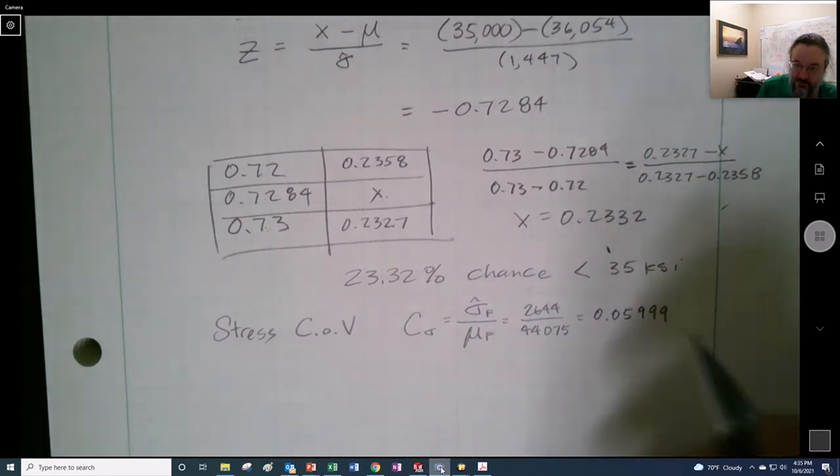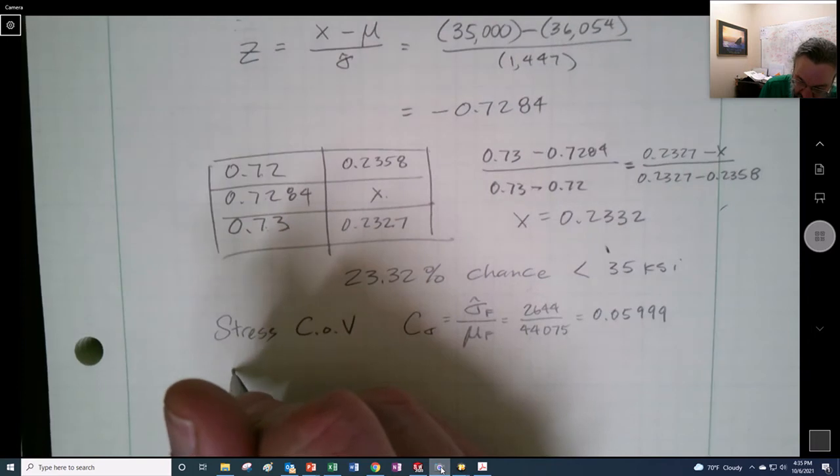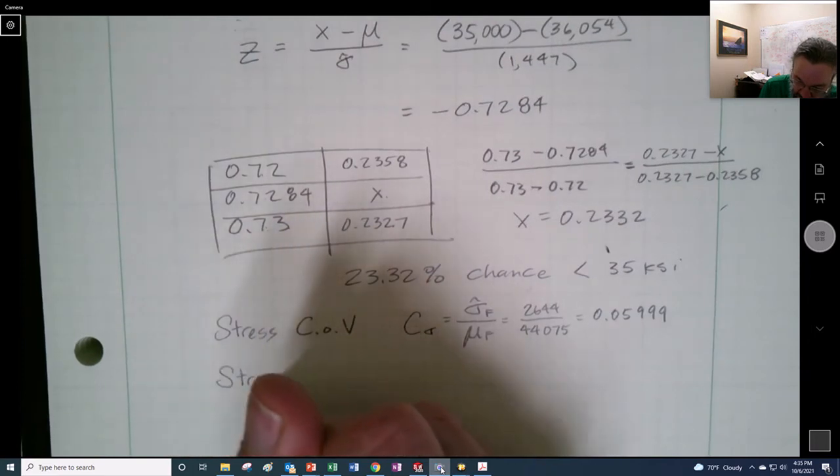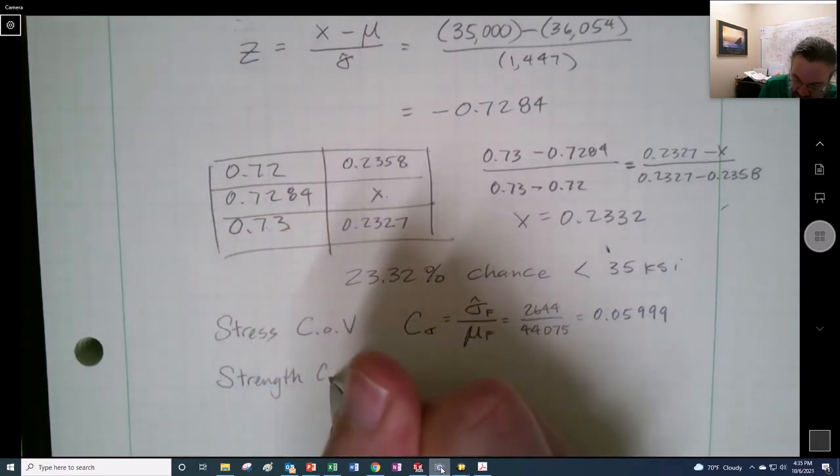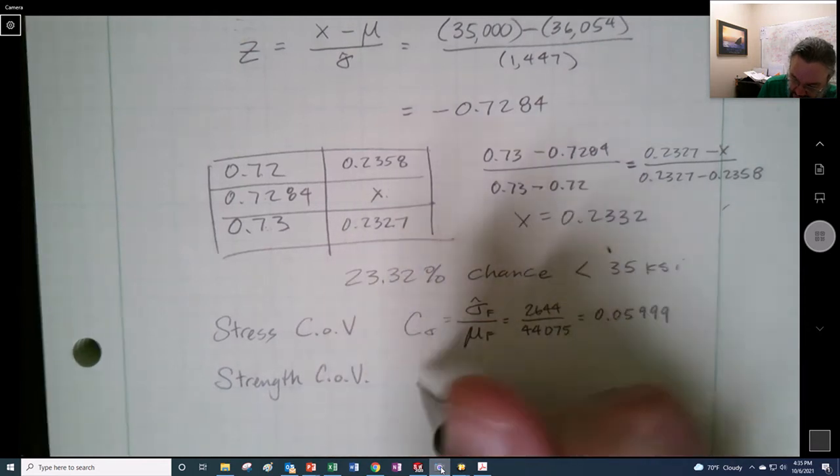0.05999. And then we're going to go strength coefficient of variance.